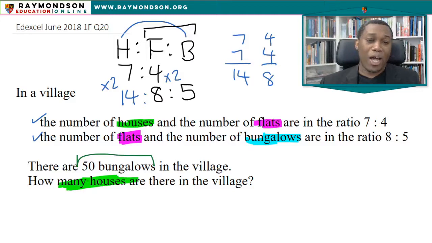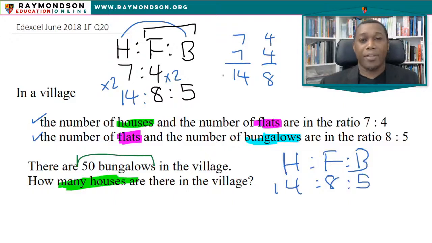To finish the job now, 50 bungalows. So let me just put it down here. We now have houses to flats to bungalows is 14 to 8 to 5. And we use exactly the same technique. Now we're saying there's 50 bungalows. So if there was 50 bungalows, how many houses do I need? It's proportional reasoning.